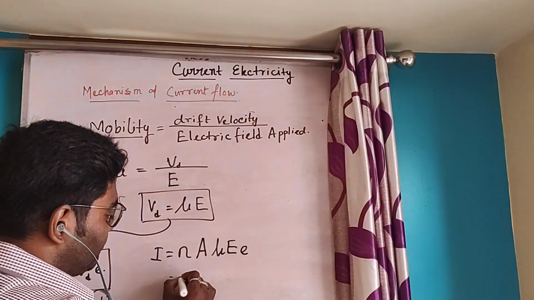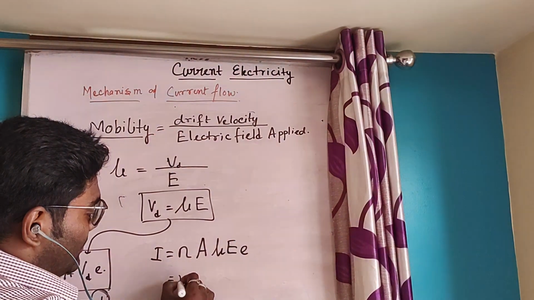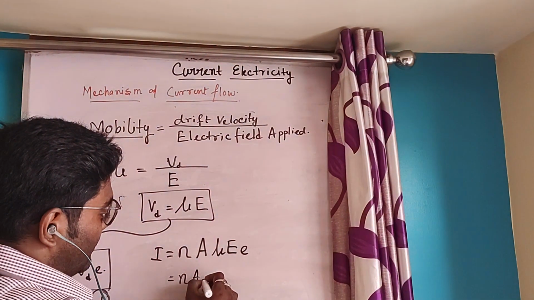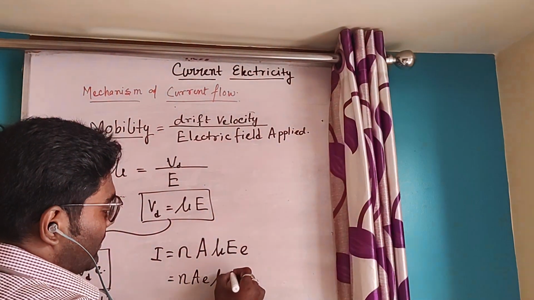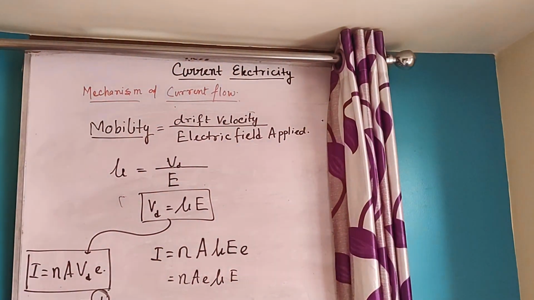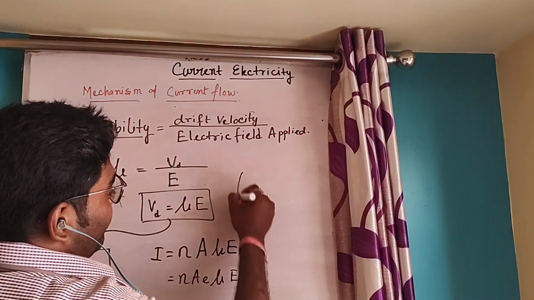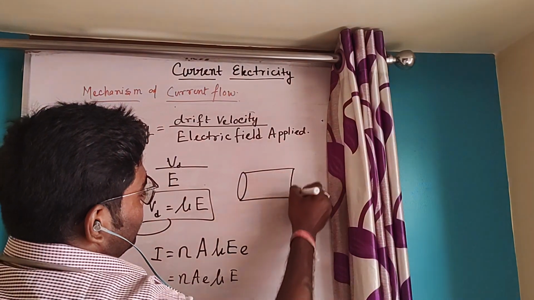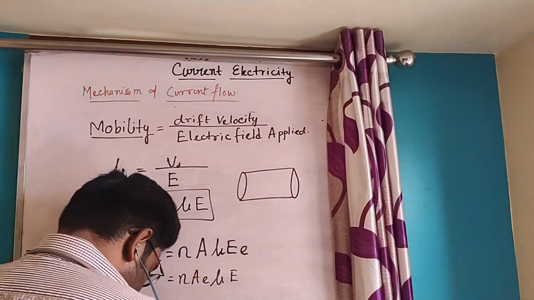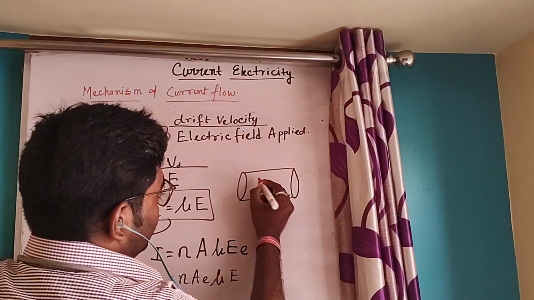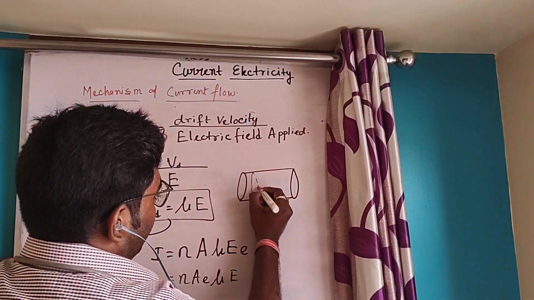Now see, suppose this is my conductor and this is the cross-sectional area that we have taken.